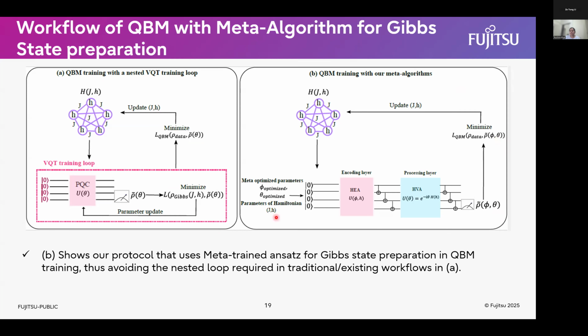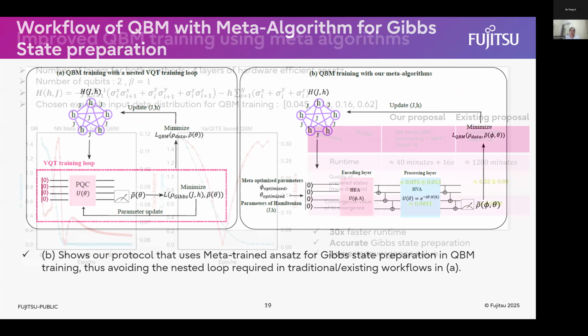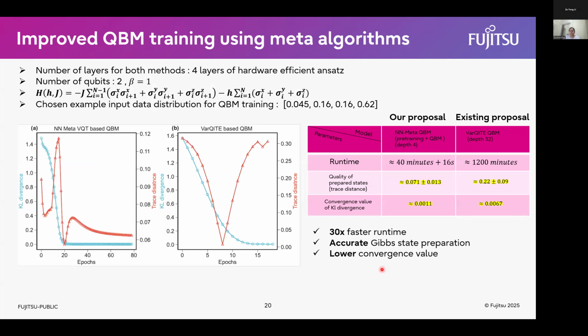So in that way, we are actually achieving a huge reduction in quantum resources by skipping this nested training loop, which is required for Gibbs state preparation. And we have tried it for a demonstrative example where we have compared the time scales for the meta version of the QBM training, as well as the traditional way of variational QBM training.